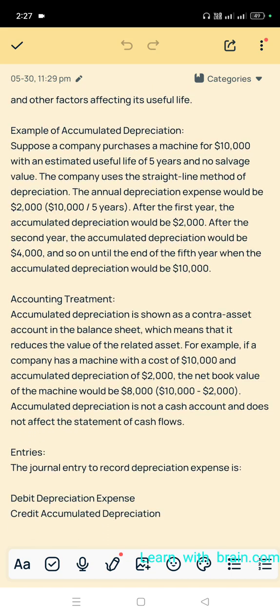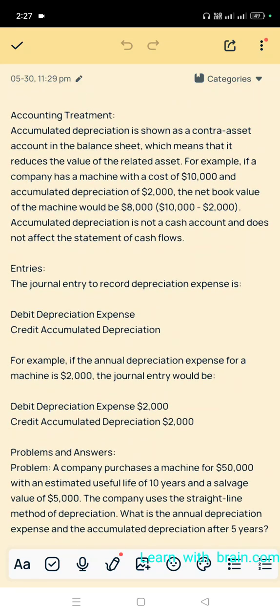Next, now we go for accounting treatment of accumulated depreciation. Accumulated depreciation is shown as a contra asset account in the balance sheet, which means that it reduces the value of the related asset.